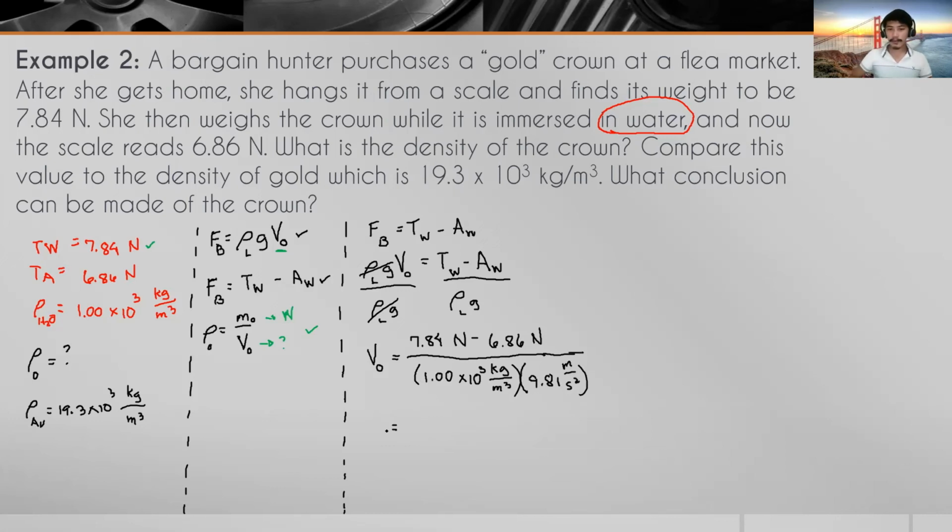Yan. So that will give us what? 7.84 minus 6.86. That will give us 0.98 Newton divided by 1.00 times 10 to the power of 3 times 9.81.